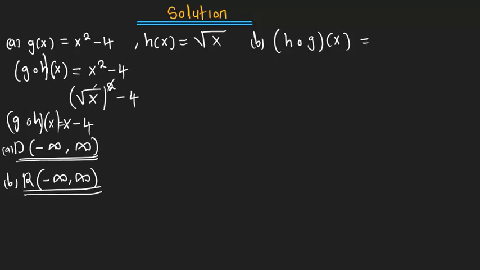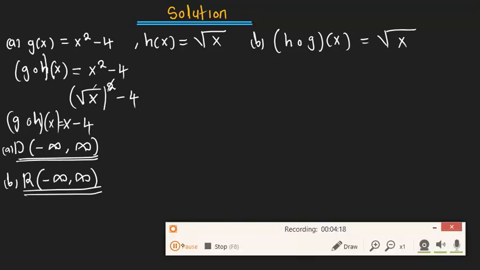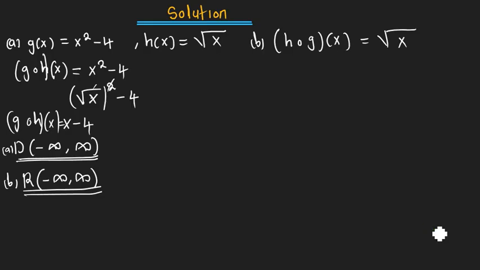So we are getting the function of h, which is this particular guy, and then inside this particular function we put the function of g. So this is going to be the square root of x power 2 minus 4. So we have a radical.